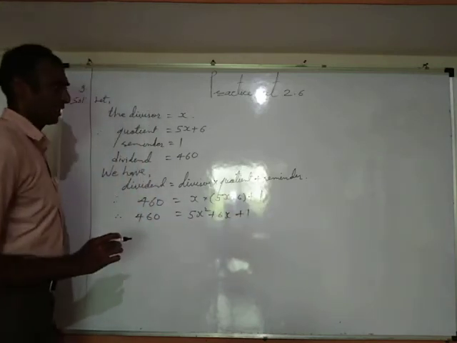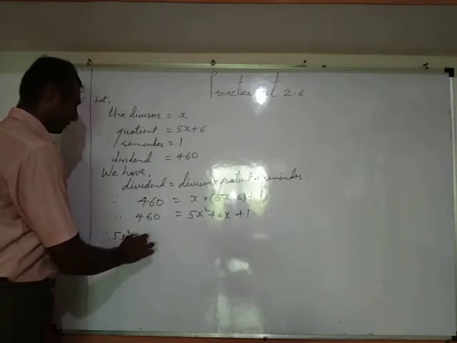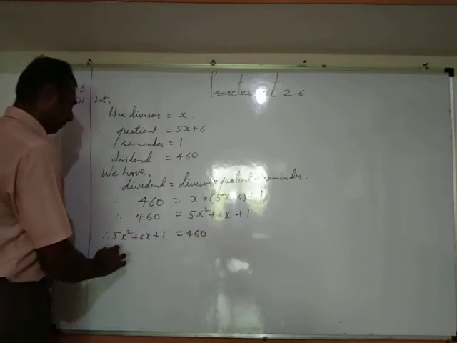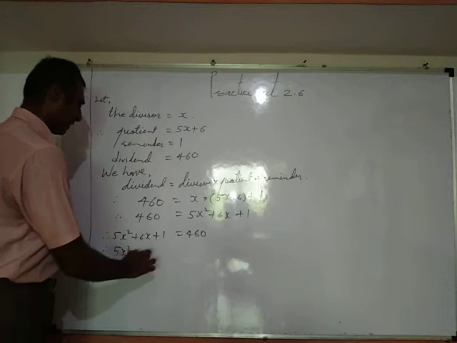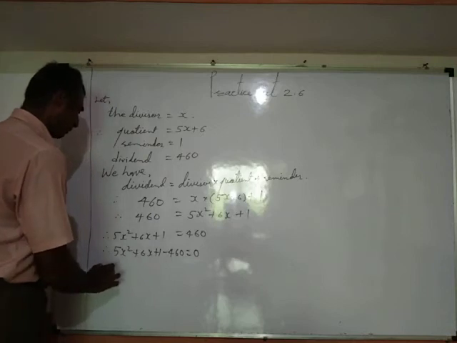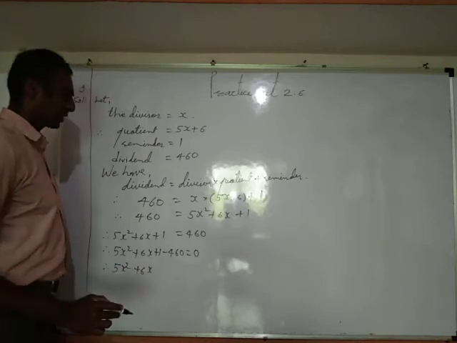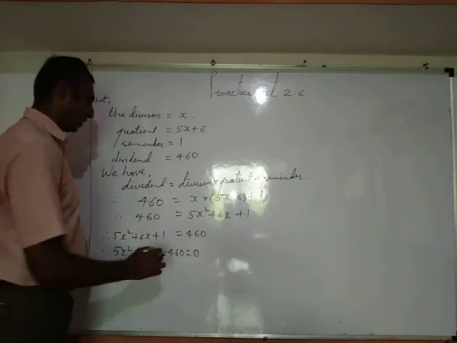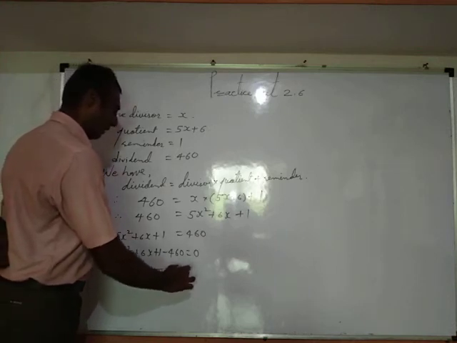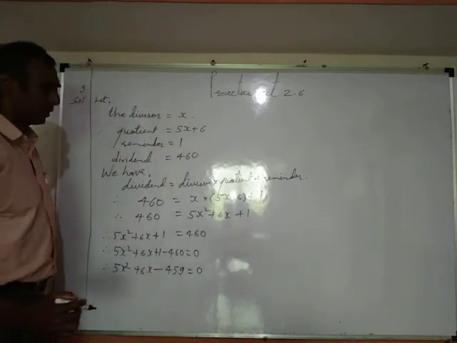Now let's exchange LHS and RHS, and therefore it will become 5x square plus 6x plus 1 equal to 460, and therefore 5x square plus 6x plus 1 minus 460 equal to 0, and therefore 5x square plus 6x minus 459 equal to 0.